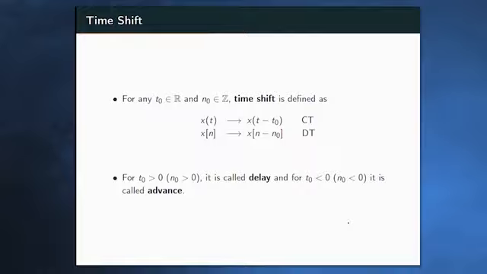If t naught or n naught is a positive number, this time shifting is called delay. And if t naught or n naught is a negative number, this operation is called advance.